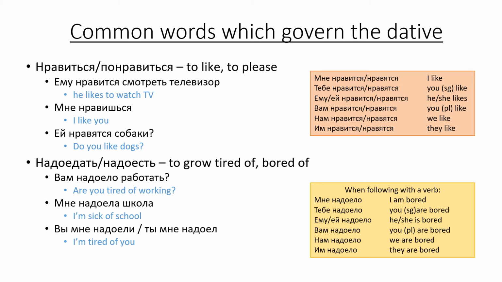Вы мне надоели. So вы is a plural pronoun, so надоели is in the plural. Or ты мне надоел, and that's in the masculine singular. You became boring to me. So it's quite harsh. So that's how надоесть works. It's sort of like нравится, just the past tense equivalent.